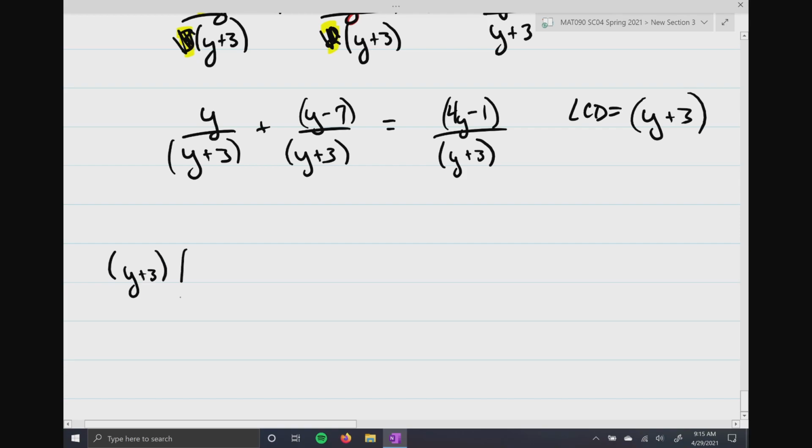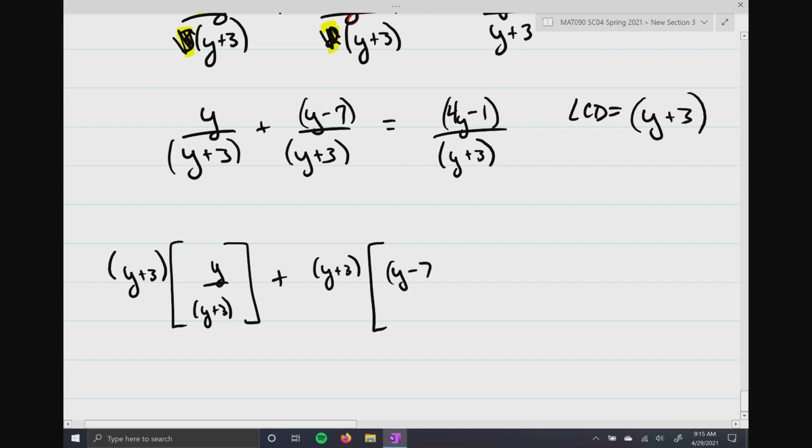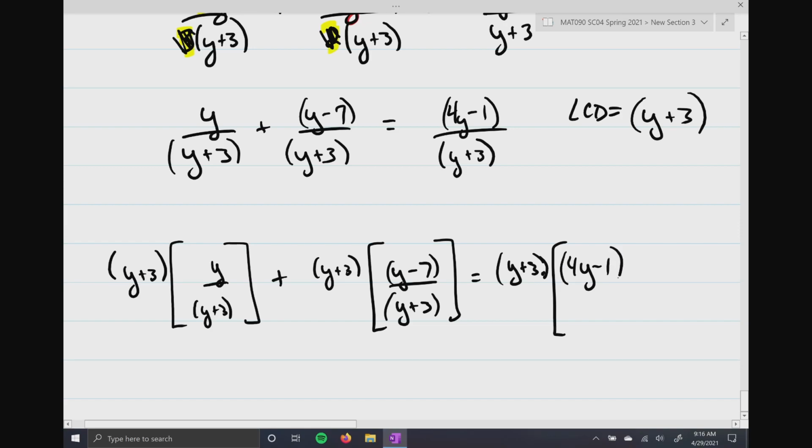I'm going to write it out nice and neat. In fact, I'm going to use a bracket too. Okay.